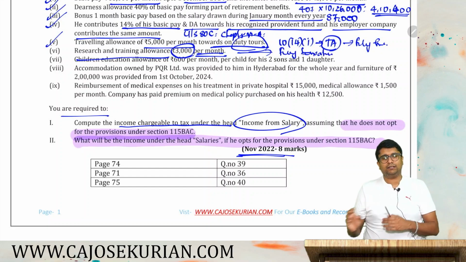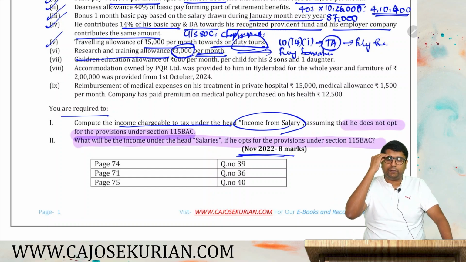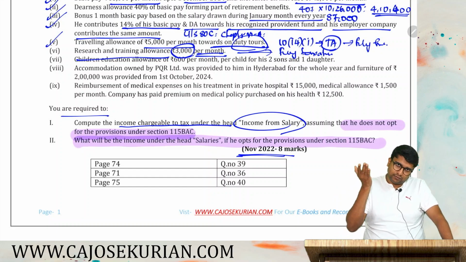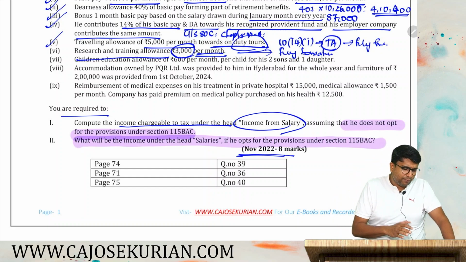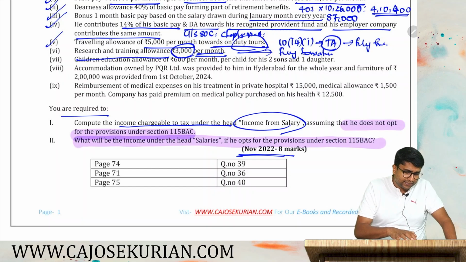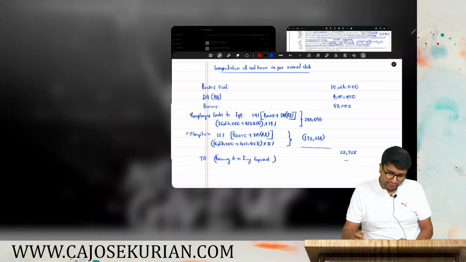You can take the alternative assumption as well. What is the alternative assumption? We are assuming that the entire research and training allowance has been fully expended. You can assume that in that manner as well, no problem. But since they are silent about the expenditure regarding the research allowance, I am assuming that it is not expended, so it shall be fully taxable.